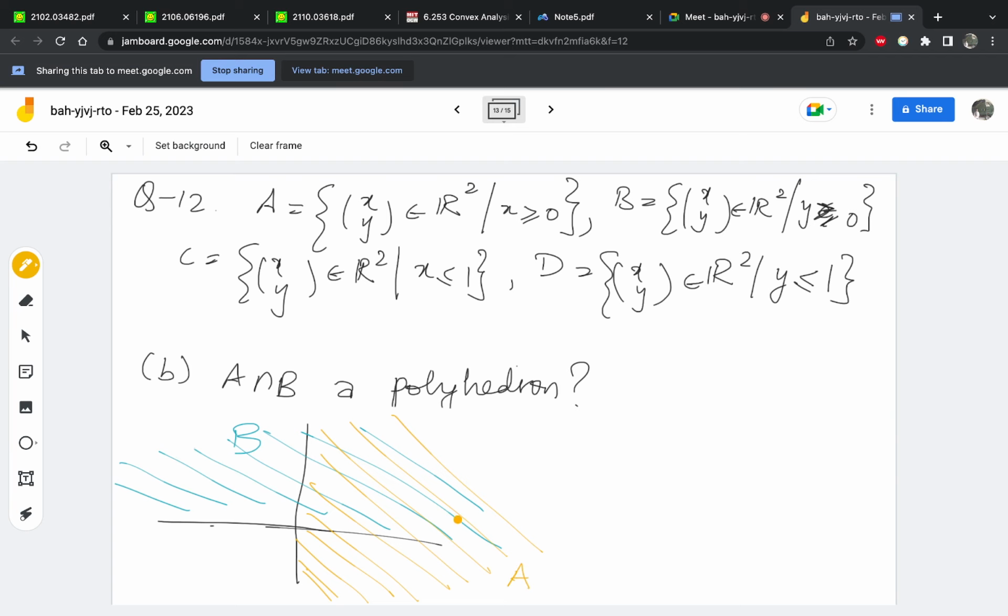This is my A. So what can I say about A intersection B? It's a quadrant, right? So is it a polyhedron? No. Why not? It's an intersection of two half spaces, it's a polyhedron. Sorry, I was thinking polytope. We are asking only about polyhedron. Yeah, correct. It's unbounded, but it is still a polyhedron, right? So A intersection B is a polyhedron. Okay.